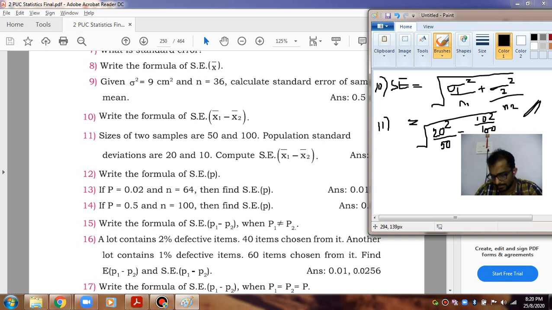Tell me the answer. Sorry, not minus, plus. So sorry, plus. Same formula as above.